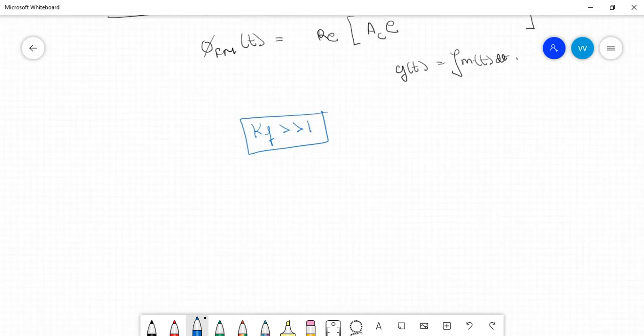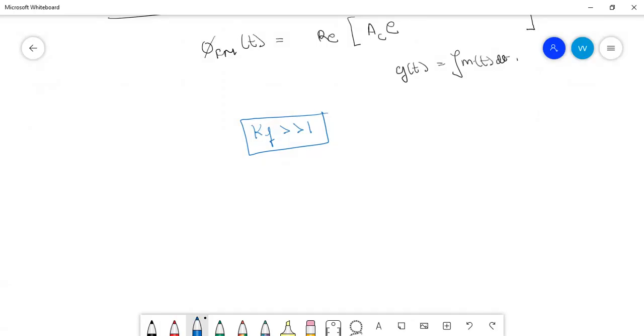So in this case what you can write is the real part of e to the power j omega_c t, times the sum over n of J_n(mf), where mf is the modulating index of your wave, e to the power j n omega_m t.